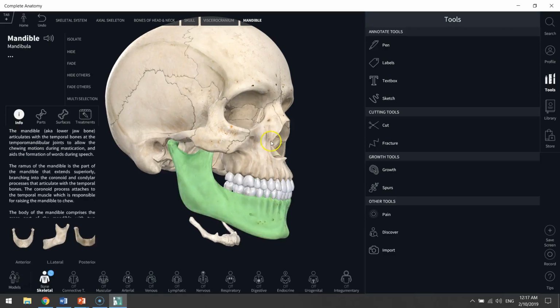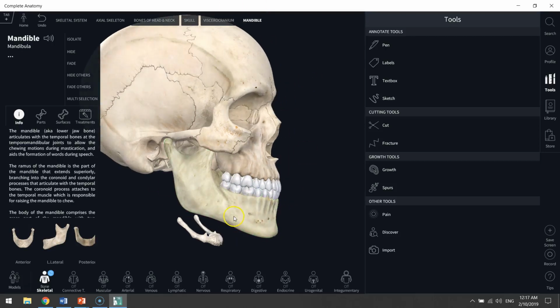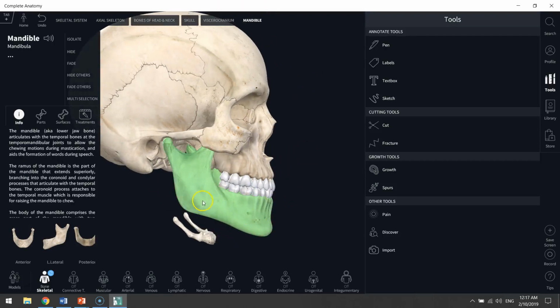And here is the mandible. As we said, the mandible is the only articulating bone in the head. It has the body of the mandible and the ramus of the mandible, which projects into two distinct projections.